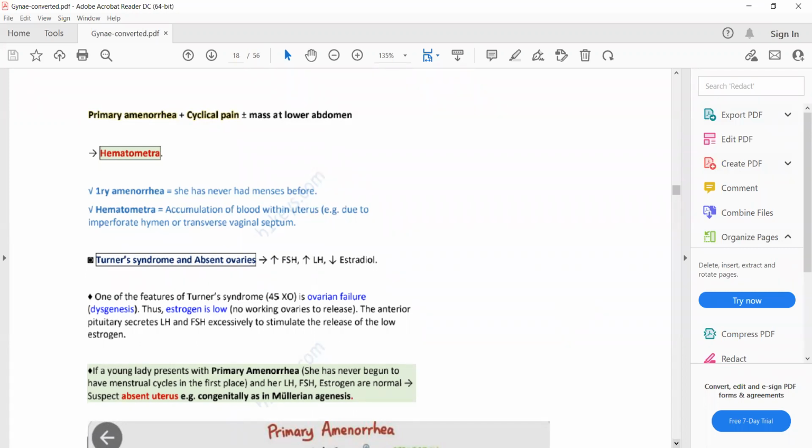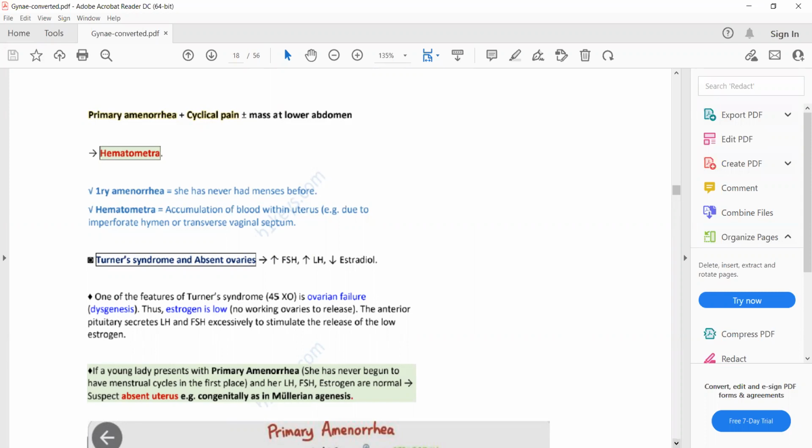So far, we have discussed three causes of primary amenorrhea: hematometra due to imperforate hymen or transverse vaginal septum. The second one was absent uterus, in which LH, FSH, and estrogen all will be normal.